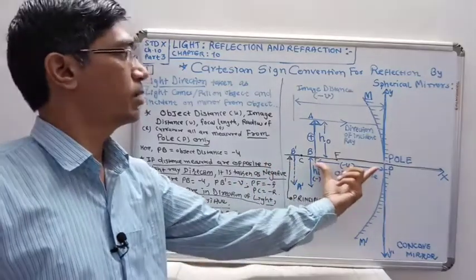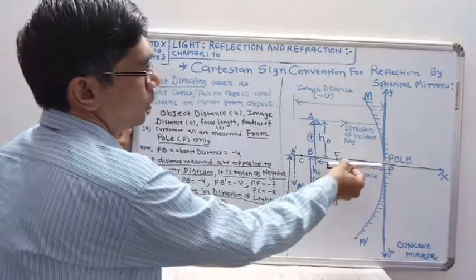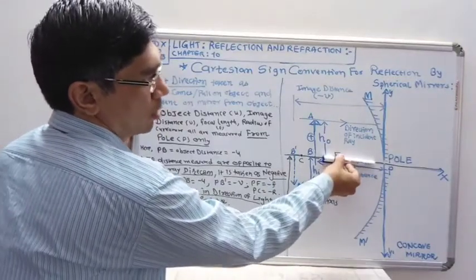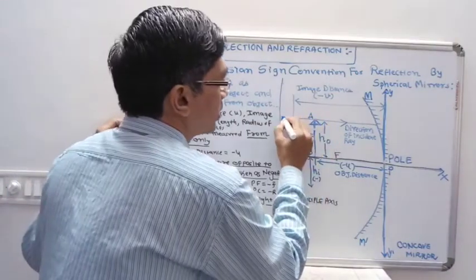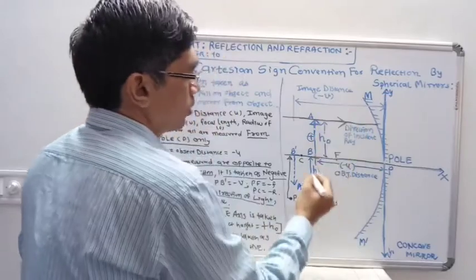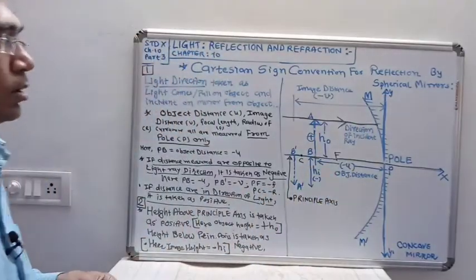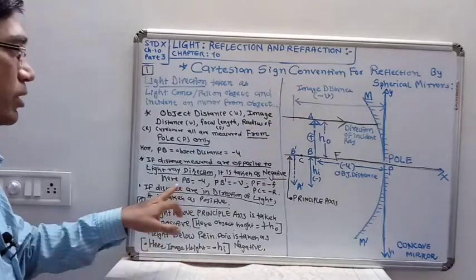In this case, PB is the object distance, and its direction is opposite to the light ray direction. So it is taken as negative.